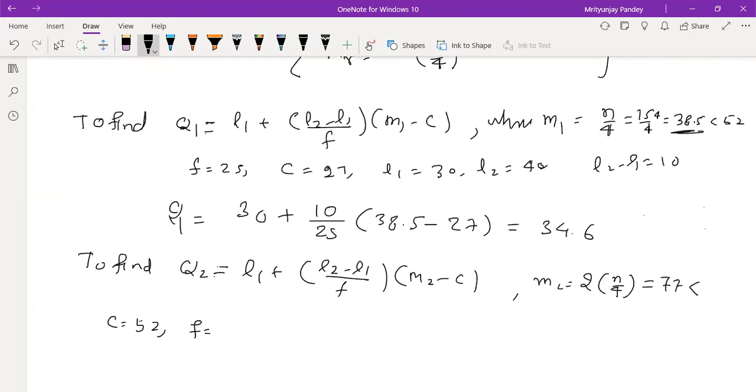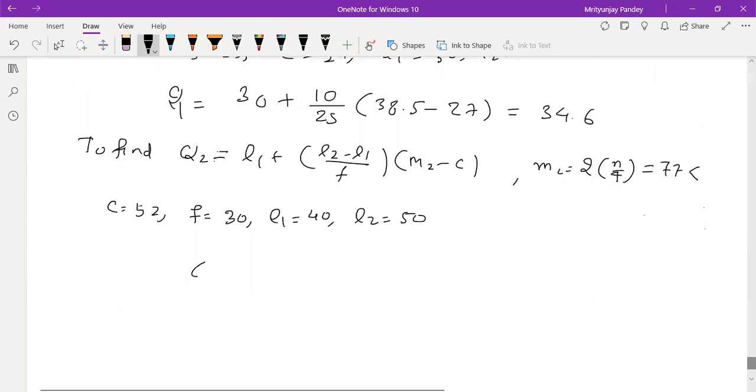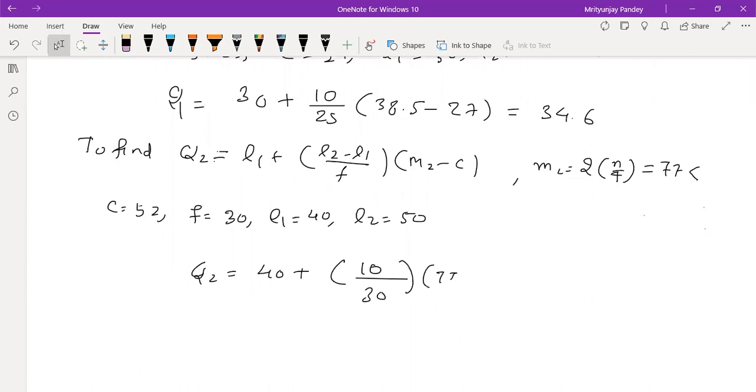L1 is 40. L2 is 50. Correct? Now find the value of Q2. So Q2 equal to 40 plus difference between them 10, divided by 30, into 77 minus 52. What is the final answer? 48.3. 48.33.